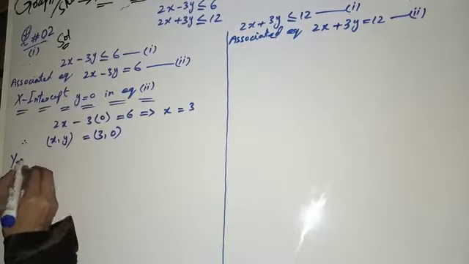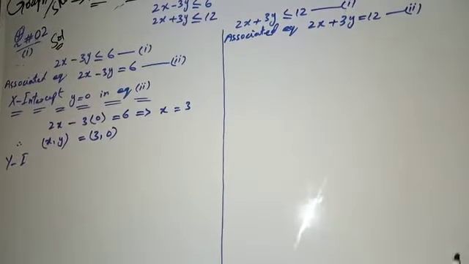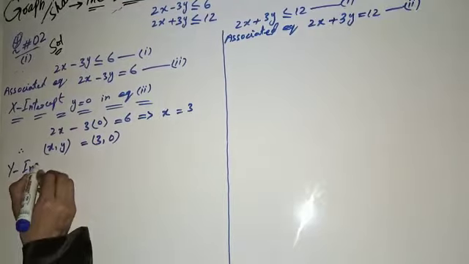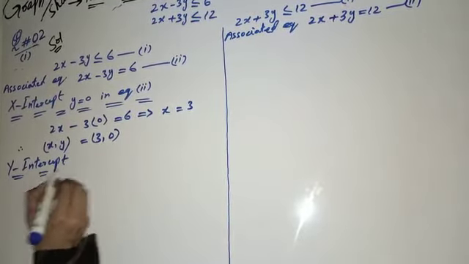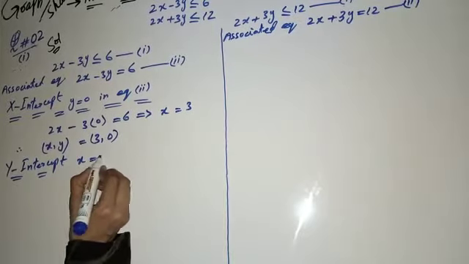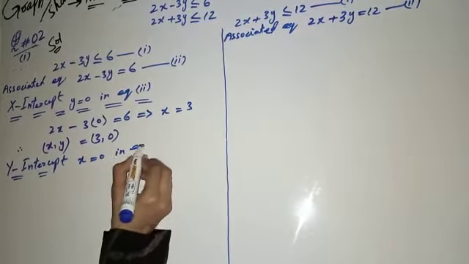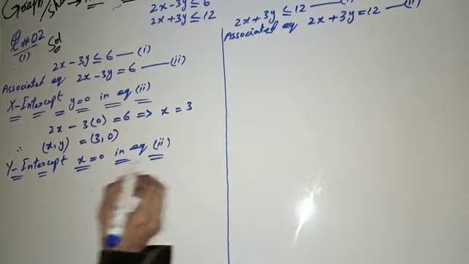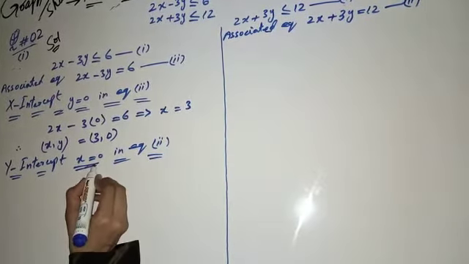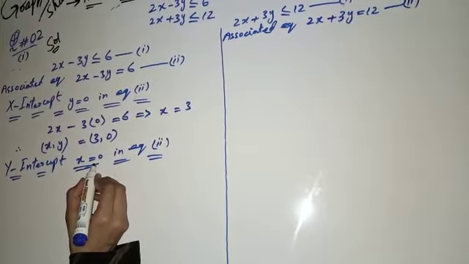Now calculate the y-intercept. To calculate the y-intercept, put the value of x equal to 0 in equation number 2, the associated equation. When we put x equal to 0, this is known as the equation of the y-axis.